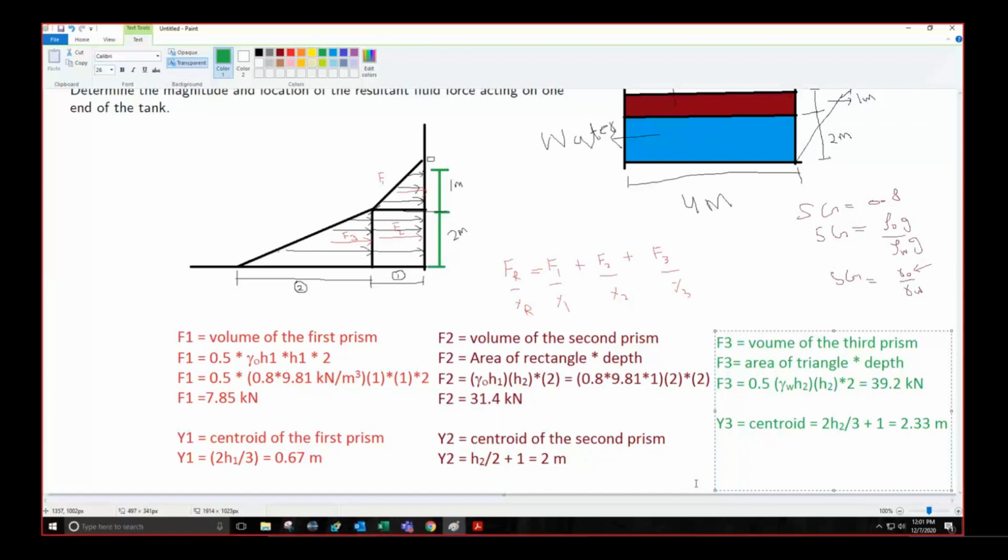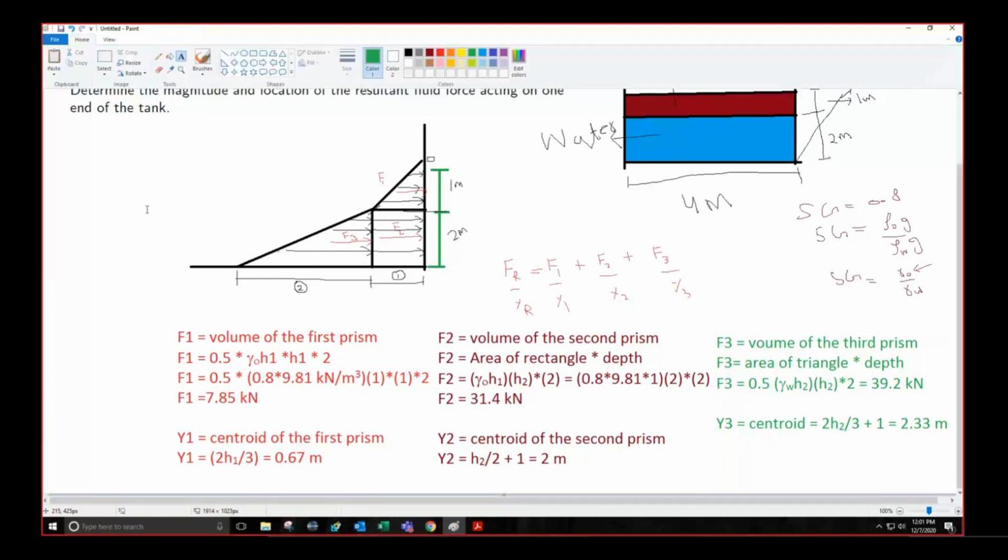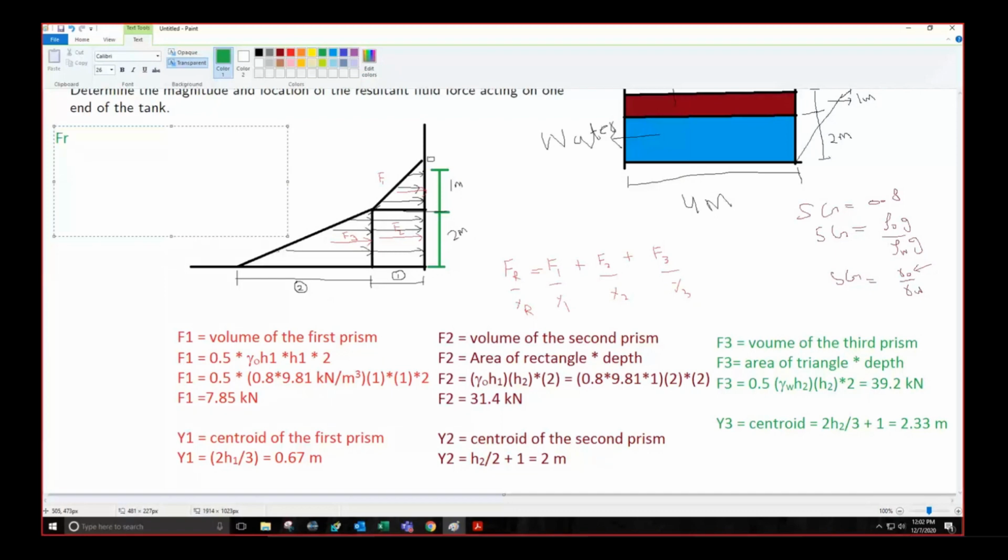Now the resultant force. Resultant force is simply the sum of these three. So we write the resultant force here. R equal to F1 plus F2 plus F3 equal to 7.85 plus 31.4 plus 39.2.